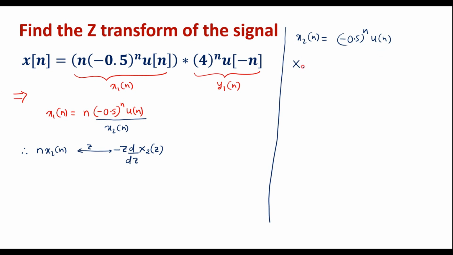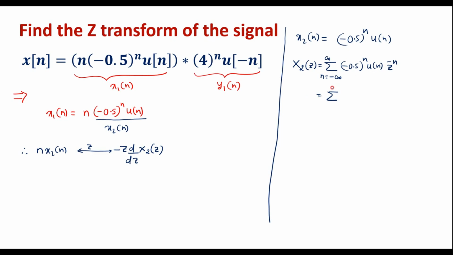So Z transform of this will be x2 of z is equal to summation n is equal to minus infinity to infinity minus 0.5 power n u of n z power minus n. So here we have u of n. It means that it is a right sided sequence. It means that for n less than 0 the signal is 0.